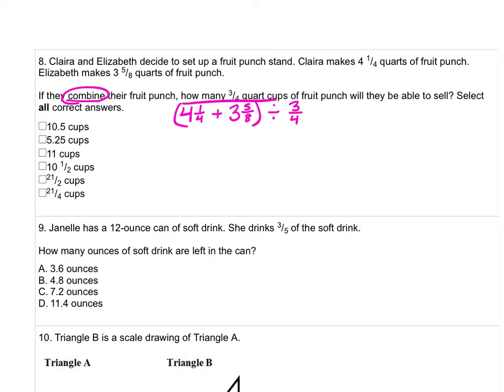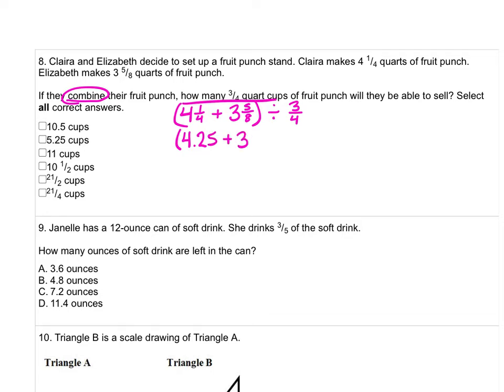I'm going to pause here just a minute, because I could continue working through these fractions, but if these are terminating decimals, that would make this a much quicker and simpler problem. And if I were to go to my calculator and type in those fractions, I would get decimals that end. So I'm going to use those. Instead of 4 1/4, I'm going to use 4.25.